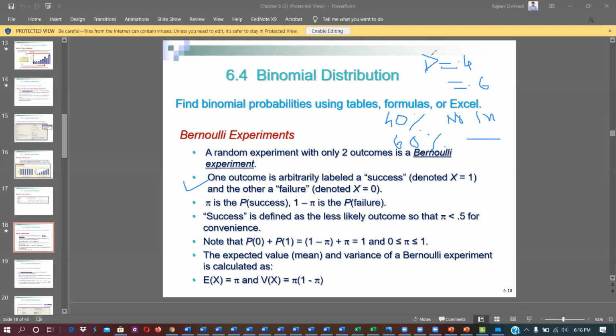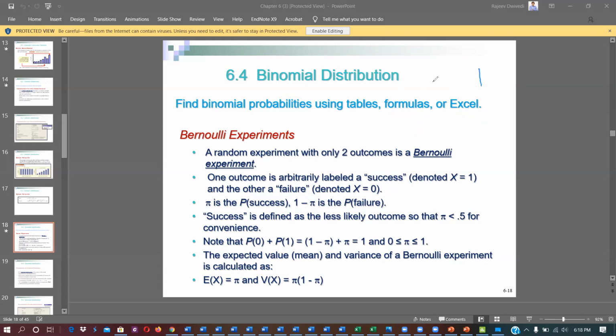So basically, if you come across this kind of situation, yes or no, positive, negative, we can apply the binomial distribution very easily. The probability of both events, pass plus fail or success plus fail, or yes or no, the sum is 1.